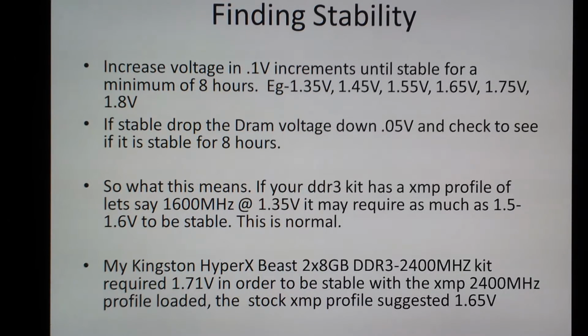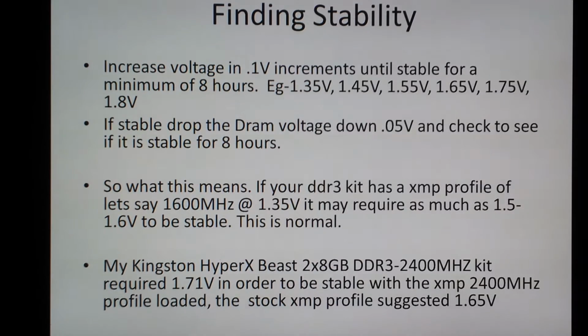This is just my personal suggestion, the quickest way to find stability. The reason we would decrease it is because we want to run the lowest voltage we possibly can for our memory to be stable. So what this means is if you bought a kit and the XMP profile says this kit runs at 1600 megahertz at 1.35 volts, you might not find stability at 1.35 volts.